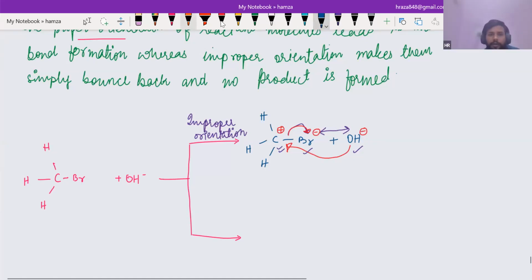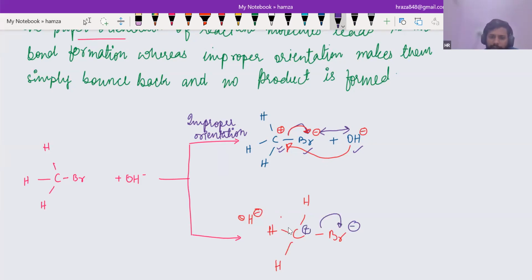Now see, I'm going to take the proper orientation example. If you write CH3Br, with H, H, and another H, and you have OH minus on the back side, you can see that this Br minus will leave, so it will have a negative charge, and this carbon will have a positive charge, so OH minus can easily attack the carbocation, because there is no negative charge stopping OH minus.